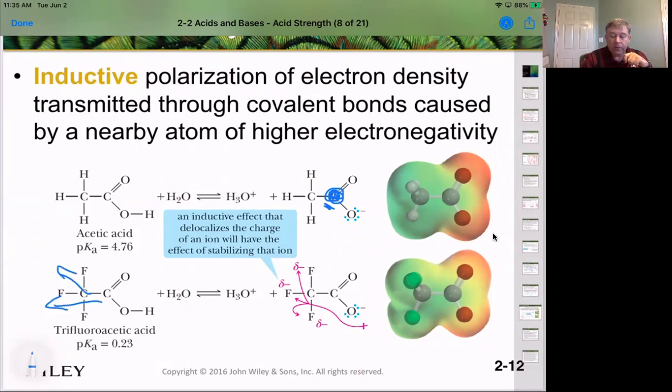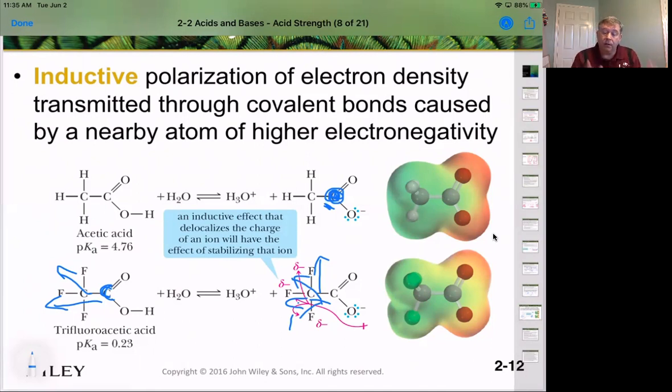So the atom itself is not changing its electronegativity, but it's having some of its electron density pulled through the bonds to the more electronegative atoms it's bonded to. So if you think about it, it's not a direct effect because it's not directly bonded to that oxygen. It's an indirect or inductive effect because it's bonded an atom or two over from there.